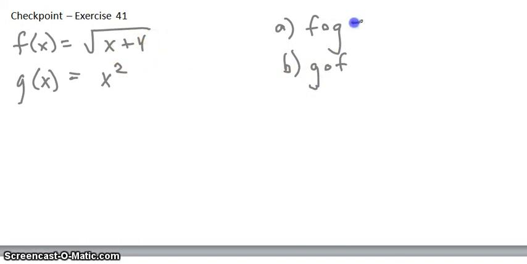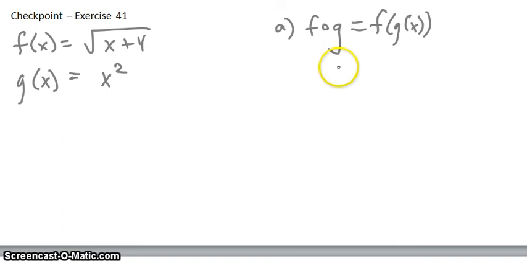Well, if I compose f of g of x, I'm going to do some work over here to figure out what that is equal to. So I'm going to replace x here with x squared, so it's going to be the square root of x squared plus 4.